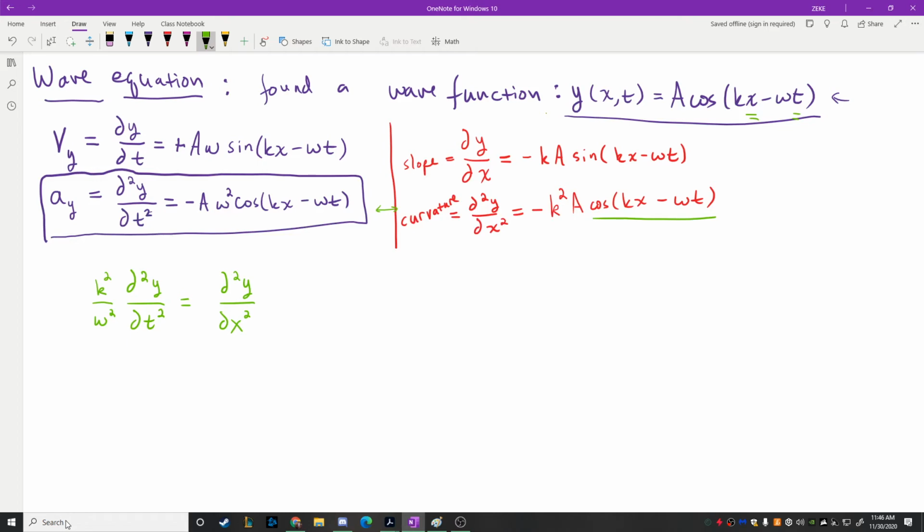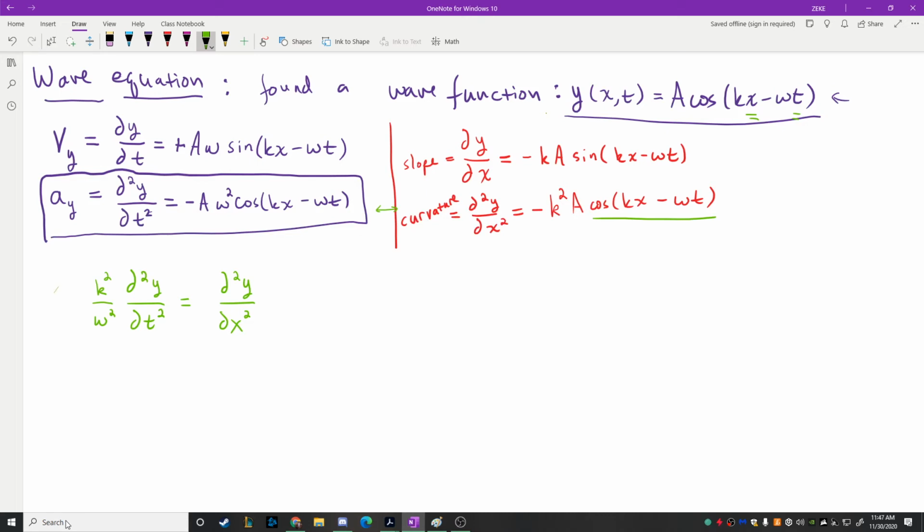Does that look right? Does that look like it would work out? You can work it out for yourself: del 2y del t2 is this whole thing, plug it in here, the omega squareds cancel, and you get a k squared. It looks right, right? Okay.